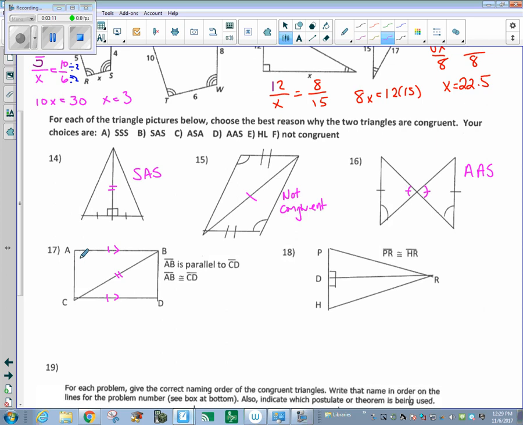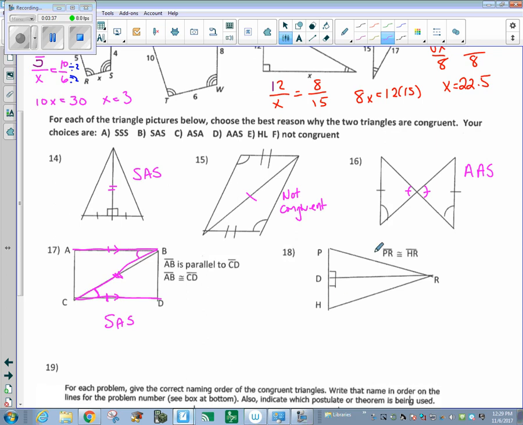And by alternate interior angles, which usually give me a Z or an N shape, you'll notice as I highlight these guys, you can kind of see the Z shape. So this side is congruent to that, and the angle at top is congruent to the angle on the bottom by alternate interior angles. Therefore, the top triangle and the bottom triangle are congruent to each other by side, angle, side.